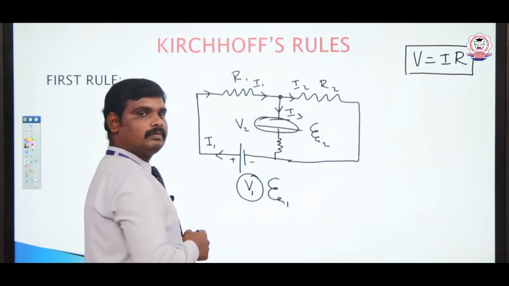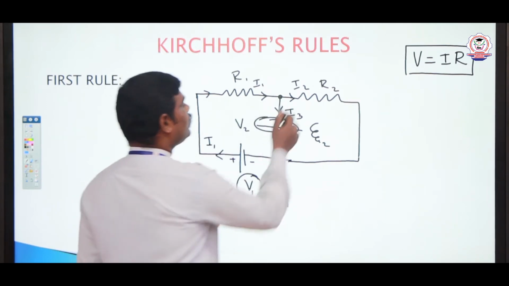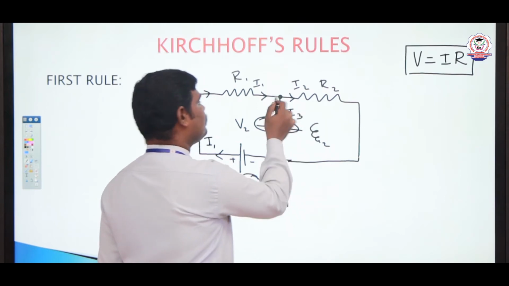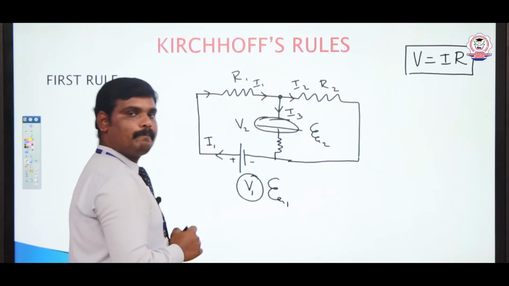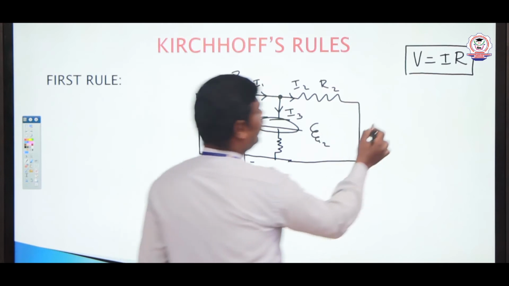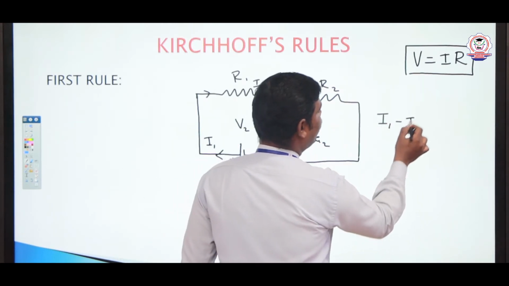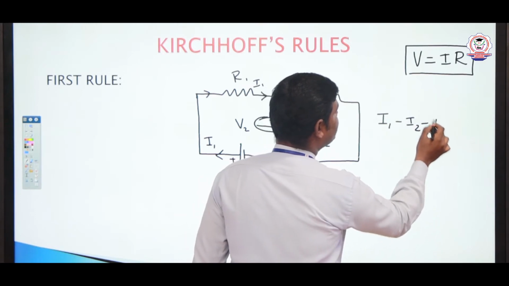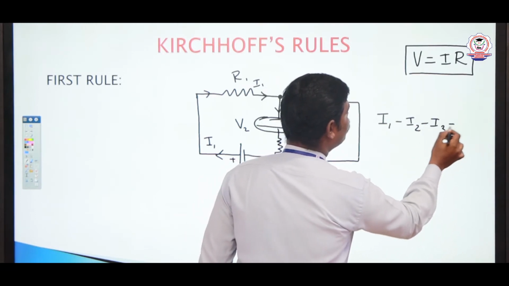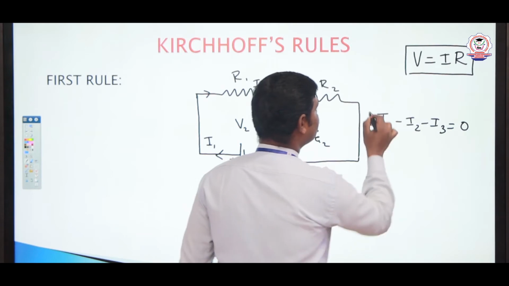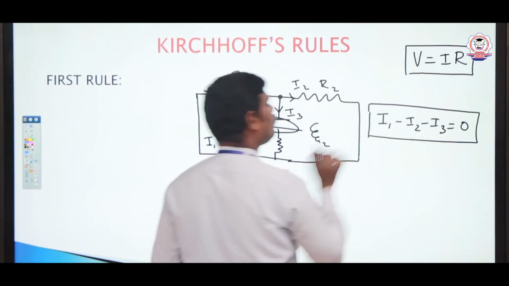But the two currents I2 and I3 are leaving from this junction. So I1 minus I2 minus I3 is equal to 0.